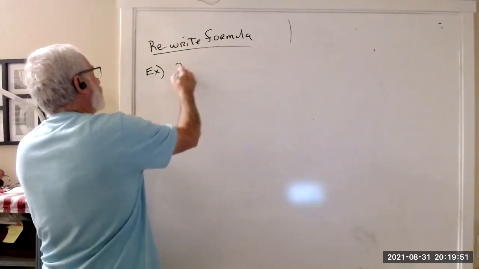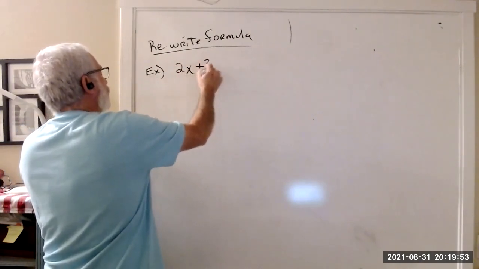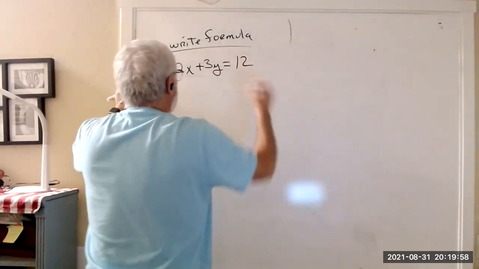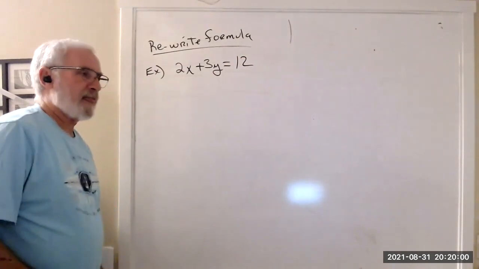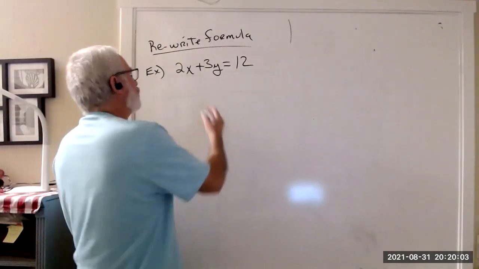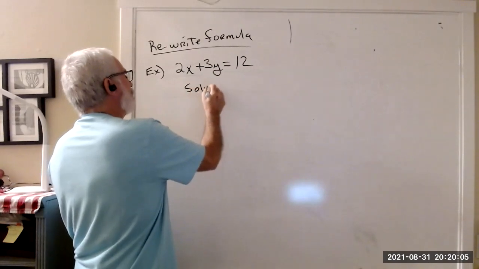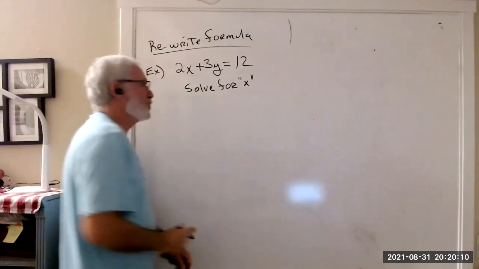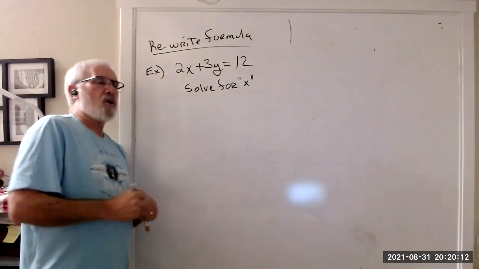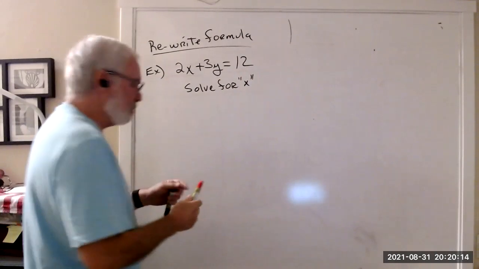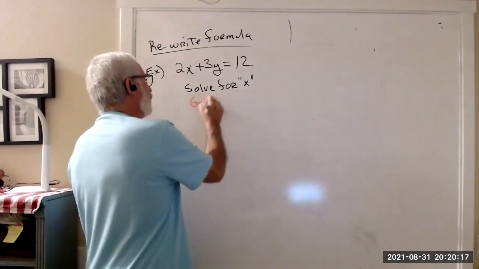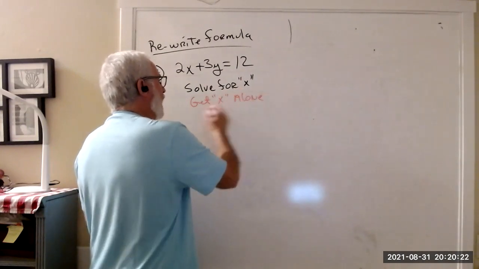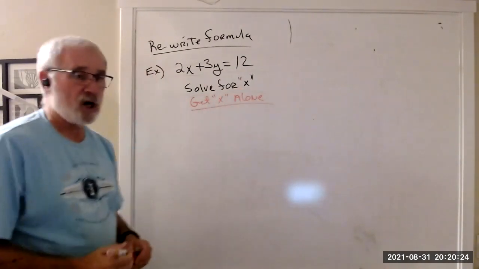She'll give you a formula, 2x plus 3y equals, I don't know, let's say 12. I'll make it nice. And she may say, solve for x. That means you must get x alone. Solve for x means get x alone.